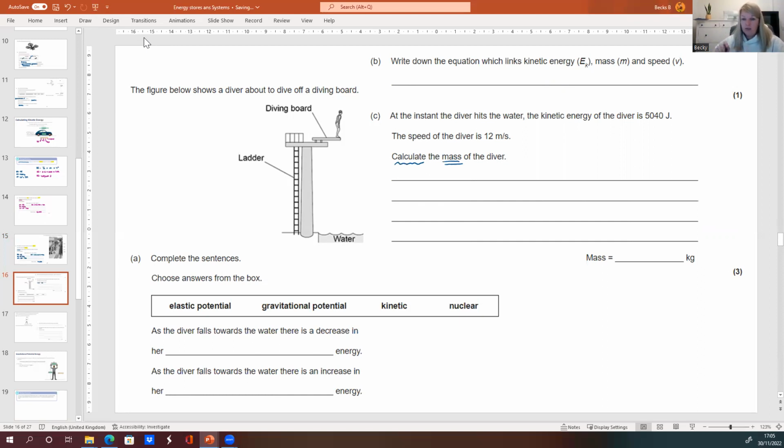Highlight it, pull out your numbers, substitute in. If you don't know then how to rearrange, that's fine. Pause there and hopefully you'll pick it up as I go through it.